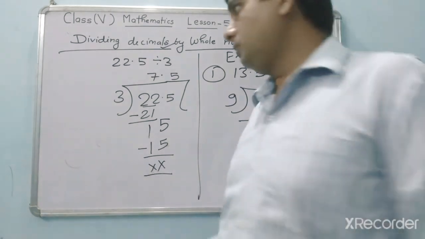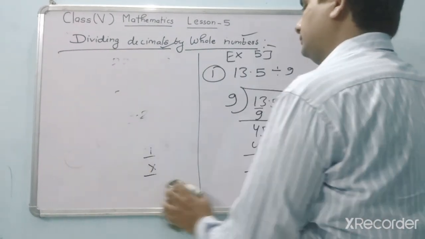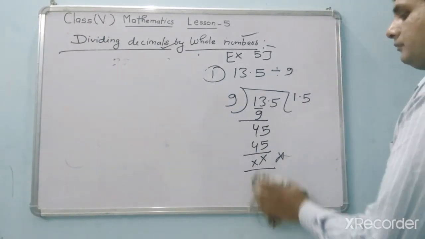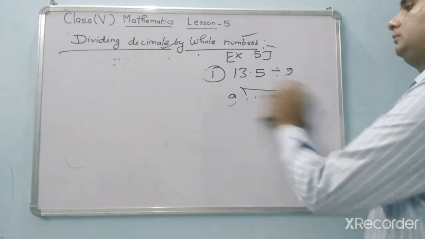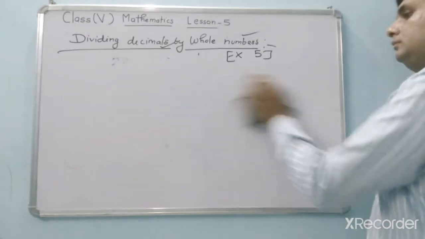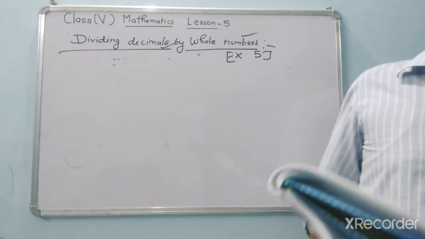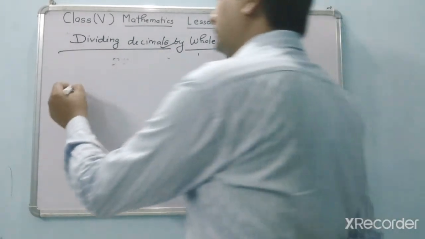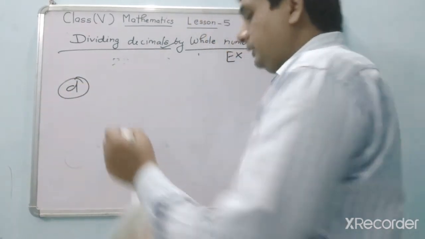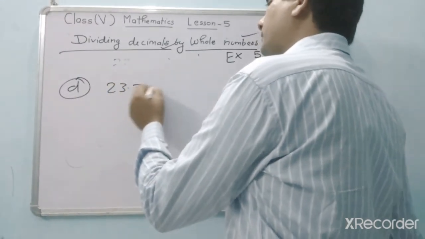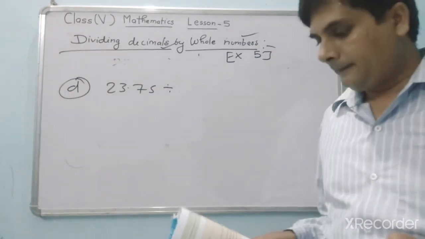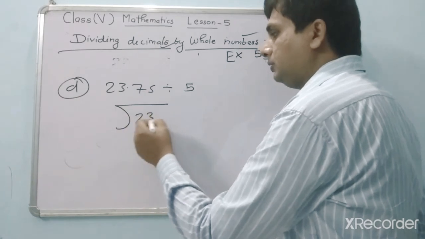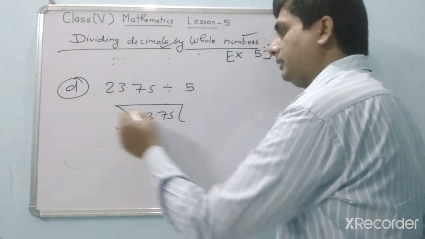Some more questions we will discuss. I am taking question number D: 23.75 divided by 5. It is going to be divided by 5. Same process. 23.75 divided by 5.